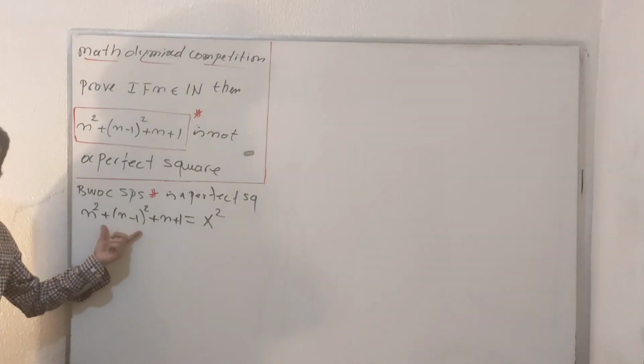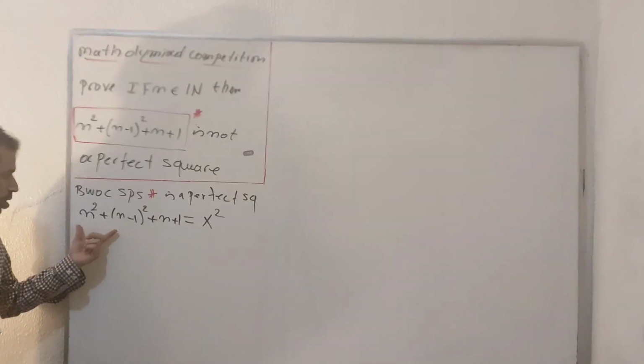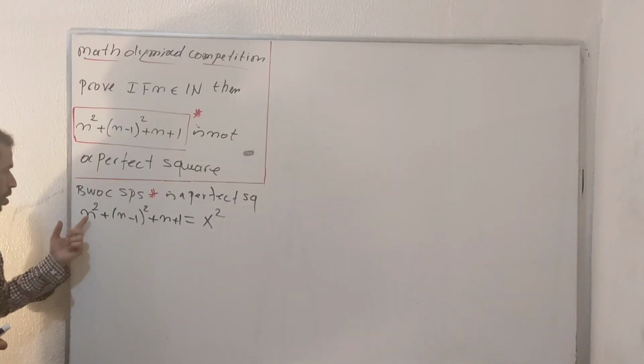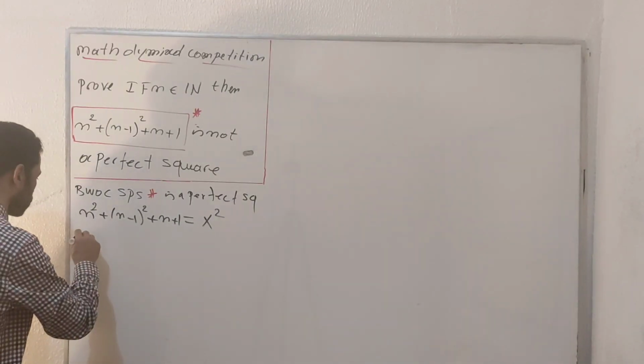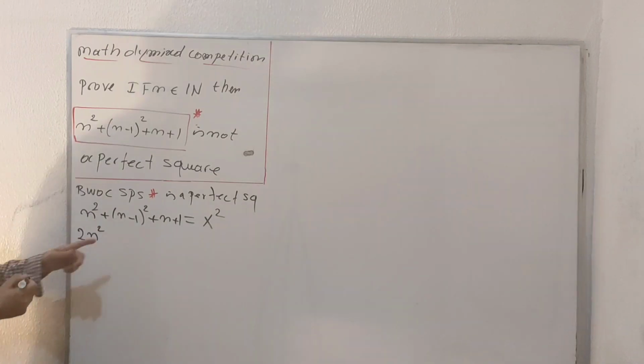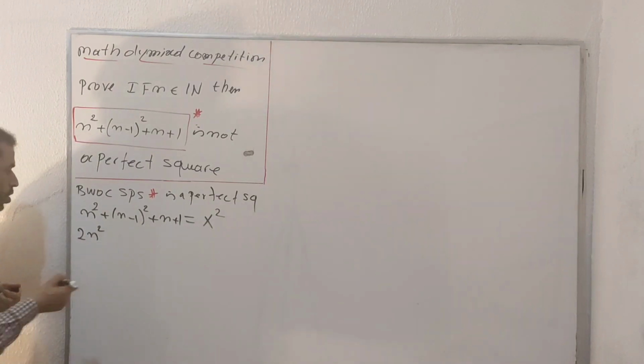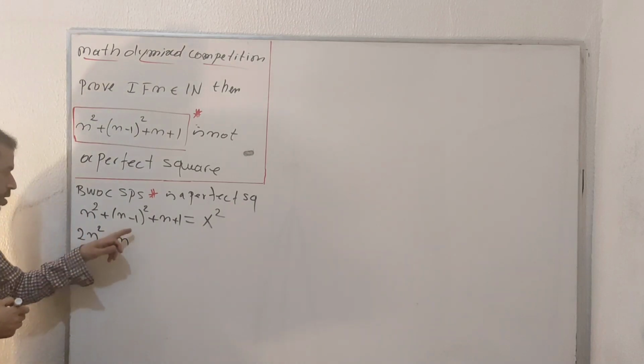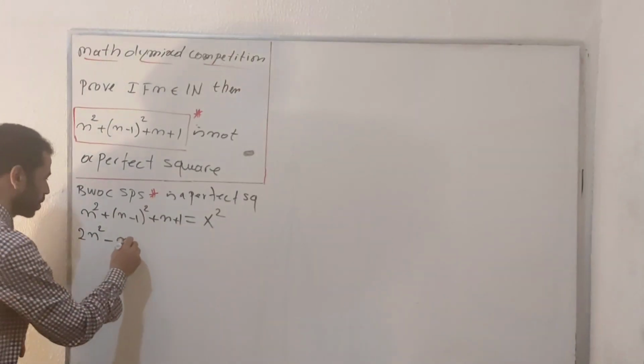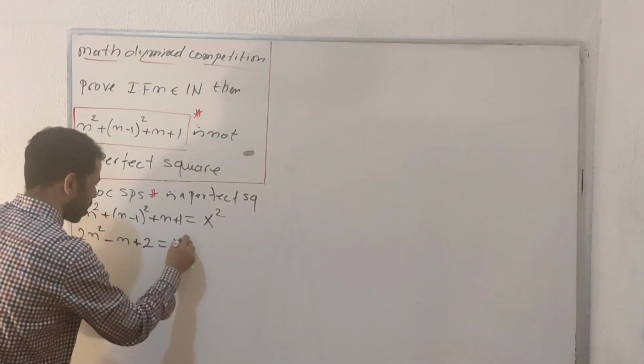By reducing this to the simplest expression possible, we will have n² plus n², which is 2n², minus 2n plus n, which is minus n, plus 1 plus 1, which is plus 2, equals x².